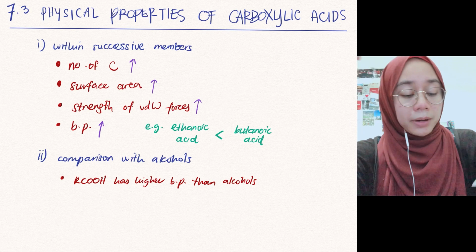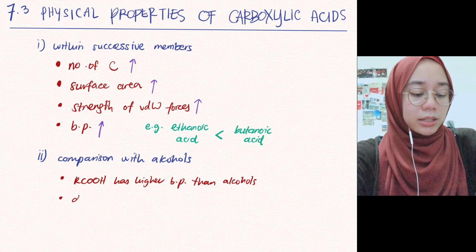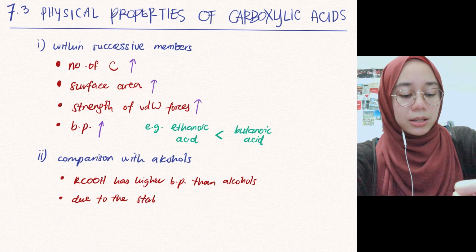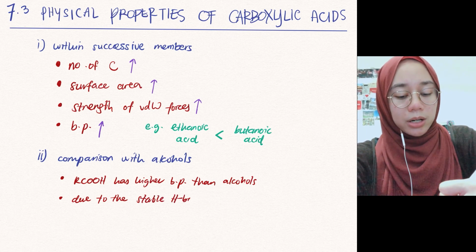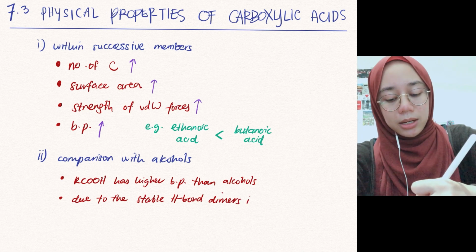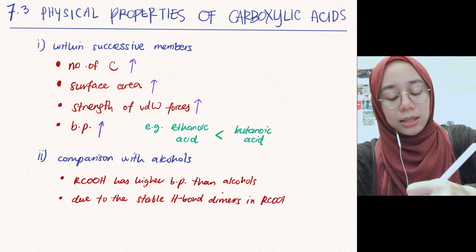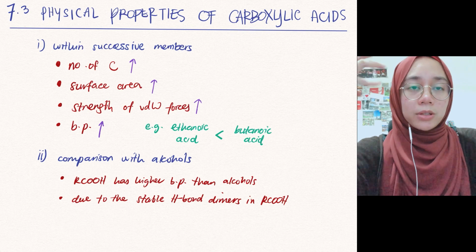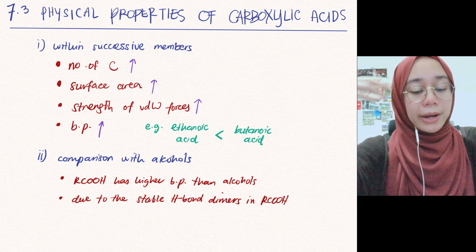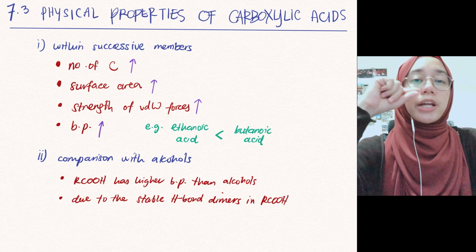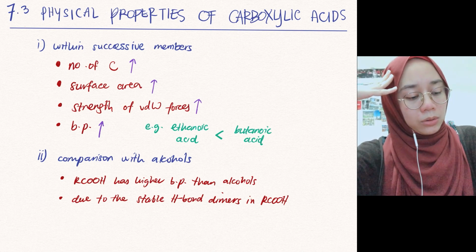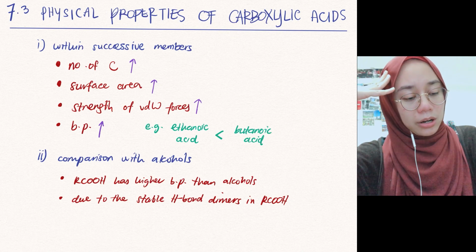Okay, so kenapa? So this is due to the stable hydrogen bond dimers in carboxylic acid. Okay, so sebab carboxylic acid can form stable hydrogen bond dimers, so more energy is needed to separate the molecule then. Okay, so yang ni je lah untuk kita punya boiling point.